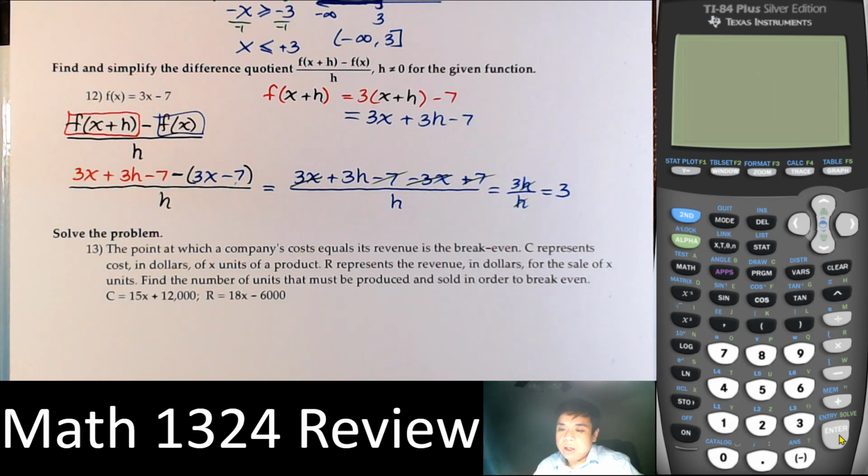The point at which a company's cost equals its revenue is the break even. C represents the cost in dollars, x is the number of units, R represents the revenue, again x is units. Find the number of units that must be produced and sold to break even.